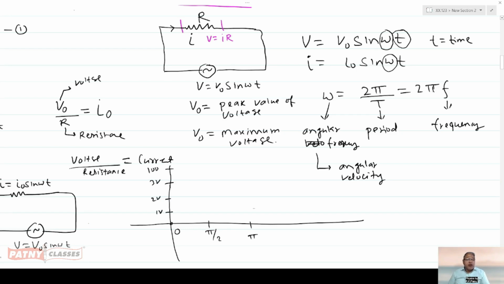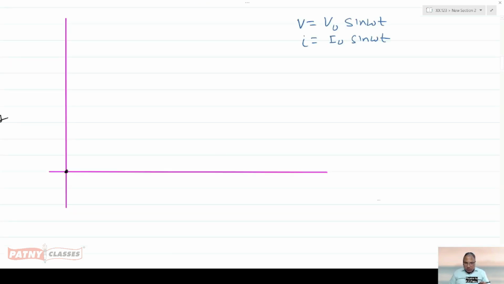Similarly, 1 ampere, 2 ampere, 3 ampere, 4 ampere, for current on the y-axis. Let me draw this diagram properly. It has become so messy.